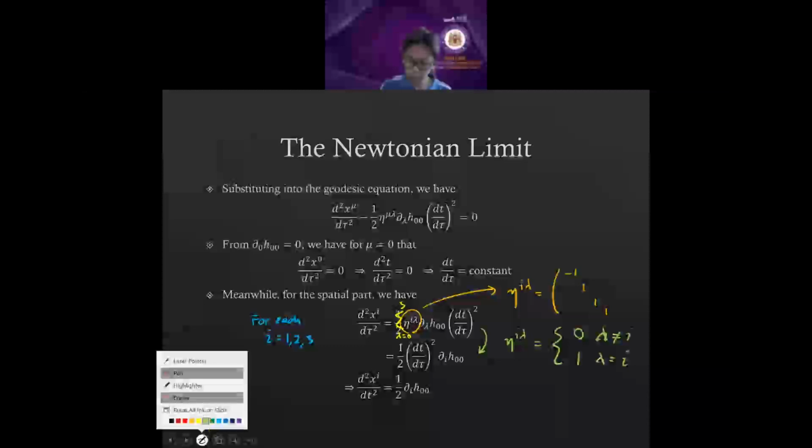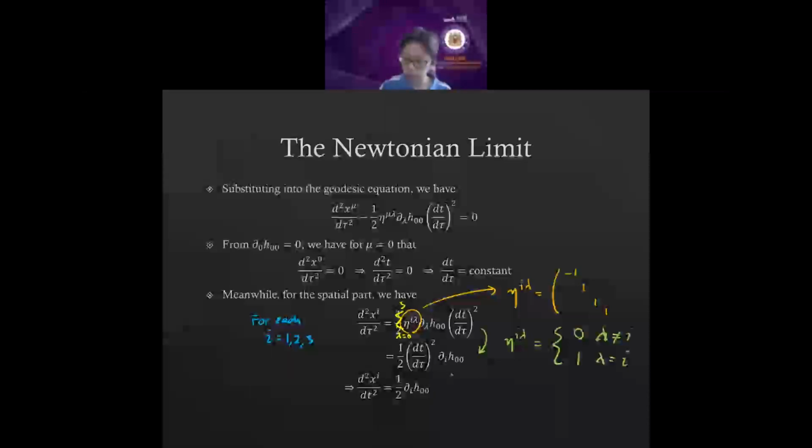Then what we can do next is that we can divide both sides by dt by d tau squared.